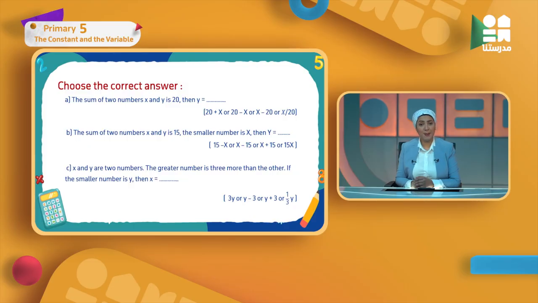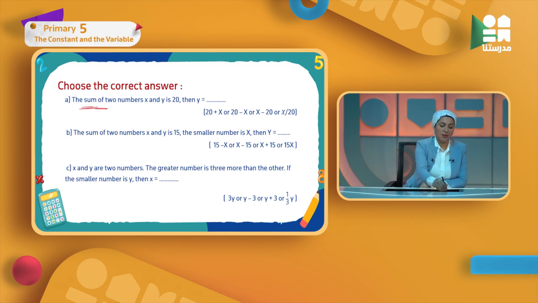Choose the correct answer. The sum of two numbers, x and y, is 20. As we said before, the word sum is plus. We know it since we were in first primary. The sum of two numbers, x and y, is 20.